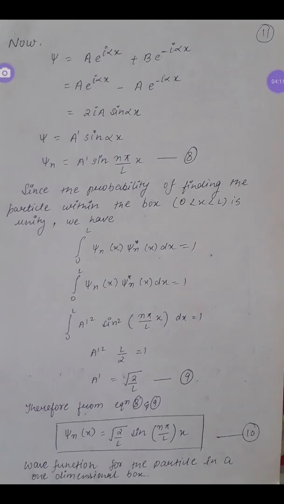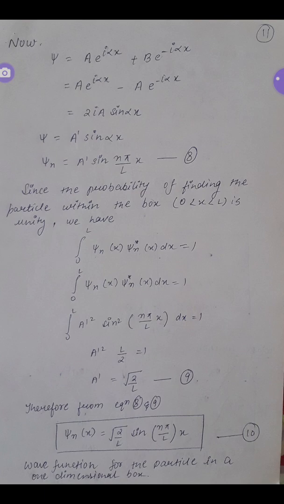Now, psi is equal to A e raised to power iota alpha x plus B e raised to power minus iota alpha x, then we get psi is equal to 2 iota A sin alpha x. Now, psi is equal to A dash sin alpha x, where A dash is equal to 2 iota A. Then the function psi is equal to A dash sin (n pi upon L) x.